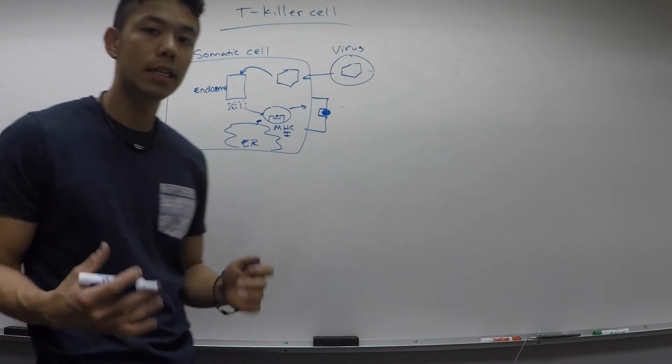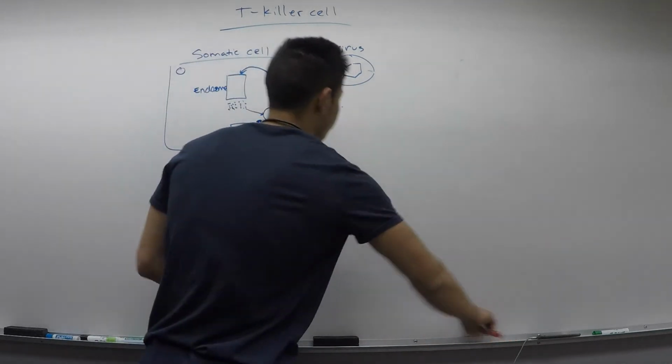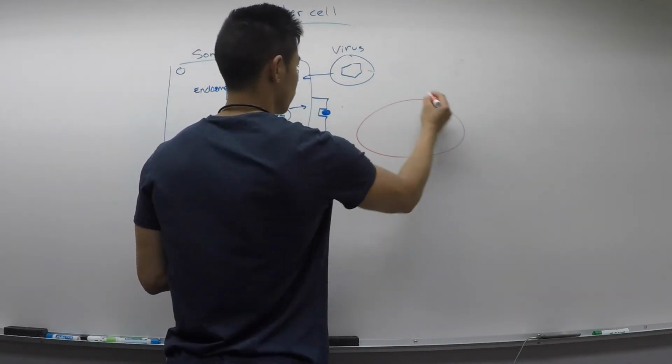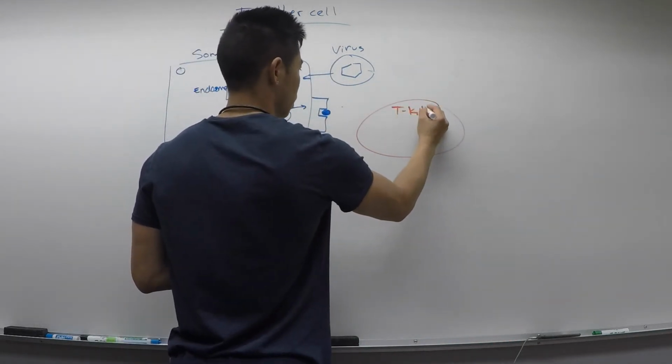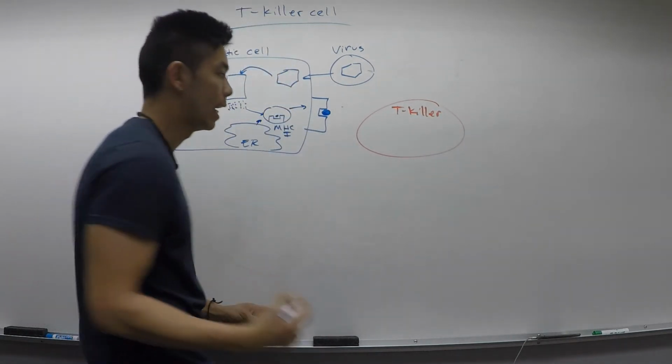So where does the T killer cell come in? Well, our T killer cell is going to have a very important protein known as a CD8 protein.